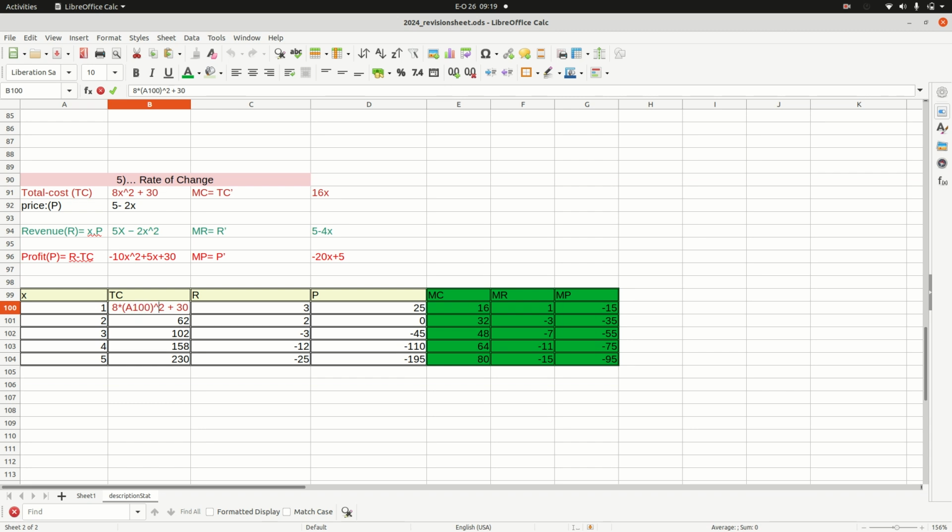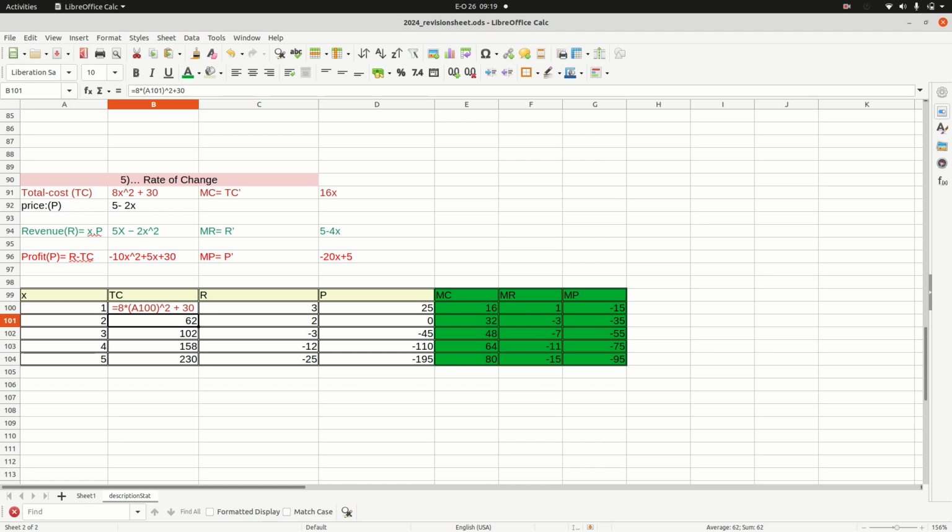Let's see. Oh, I didn't bring the equal sign. It's not evaluating. Wow. Anyway, you can try it out. It should work just as I did here, copy and paste and doing the editing.